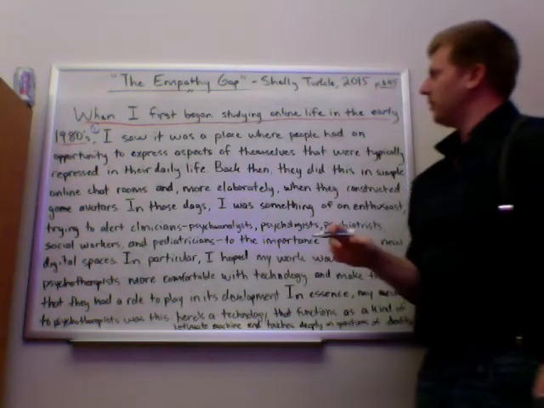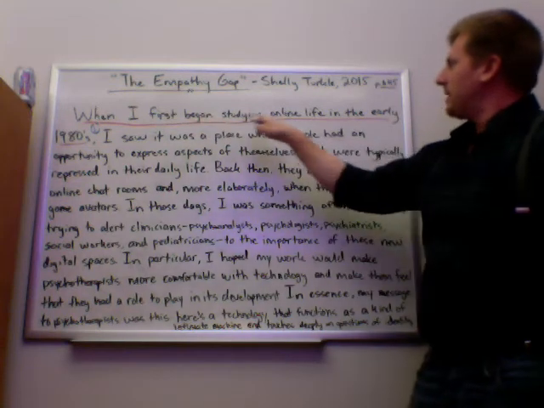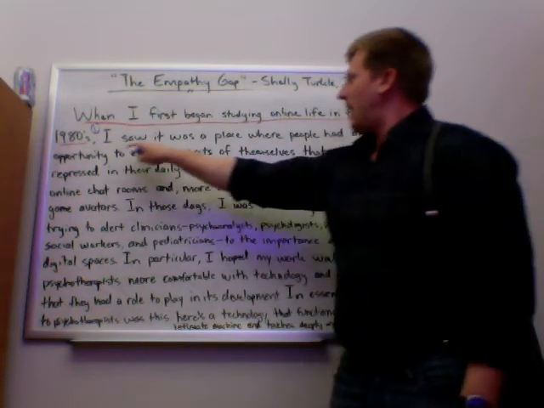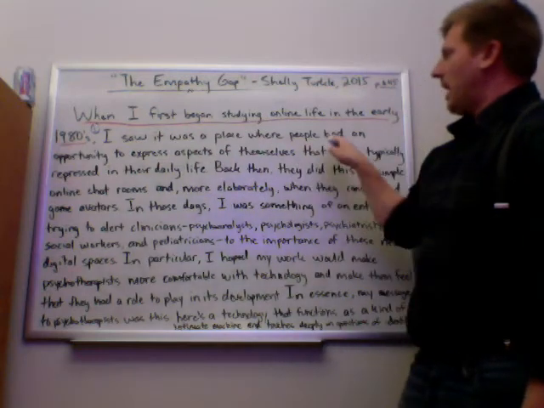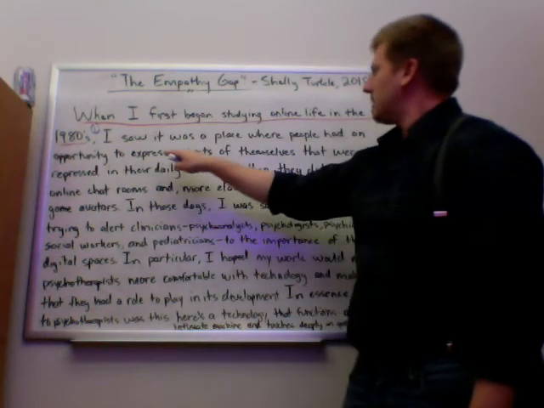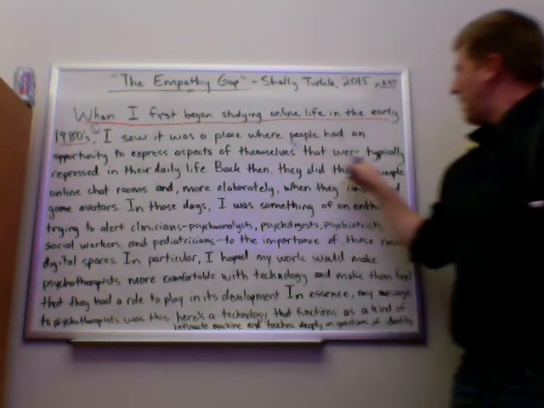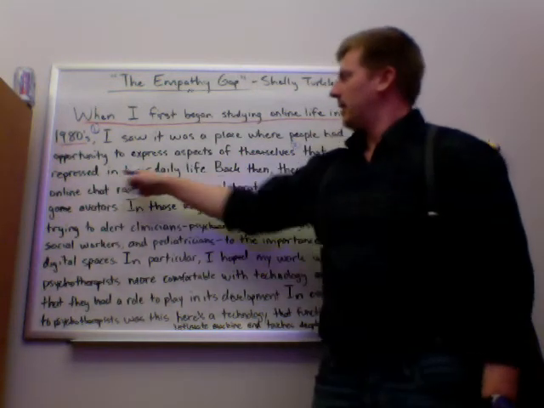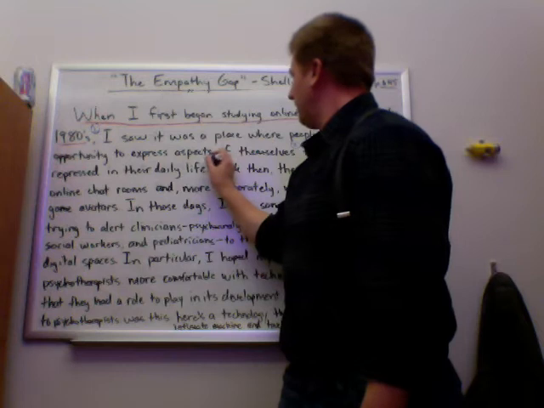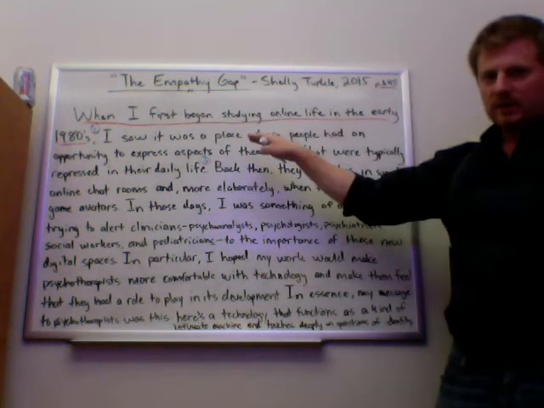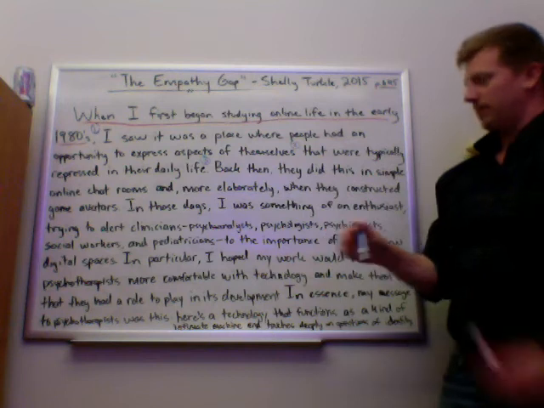Very smart of her to do that. "When I first began studying online life in the early 1980s," part one, "I saw it was a place where people had an opportunity to express aspects of themselves," part two, "that were typically repressed in their daily life," part three. Okay? One piece of information, two pieces of information, three pieces of information.